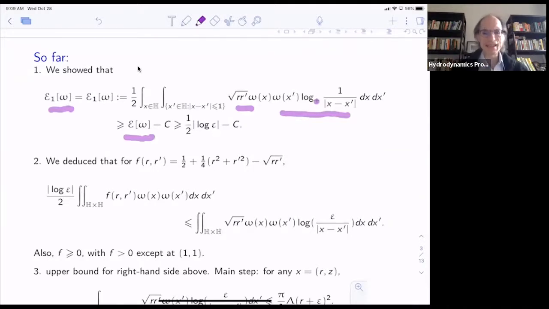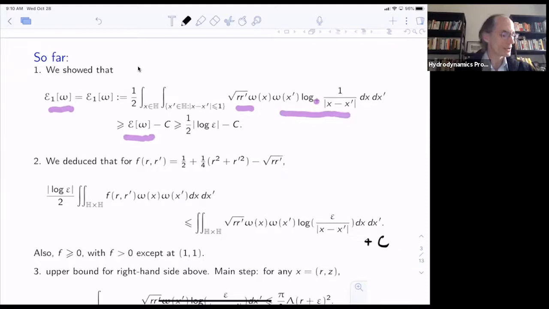Essentially the idea was that if we take this inequality, E1 is bigger than 1/2 log epsilon, and we subtract from both sides log epsilon times the square root of RR prime times the integral, and we subtract a certain constant from both sides, then we can rewrite the estimate in this form, and maybe there's a C. I think I'm missing a constant someplace.